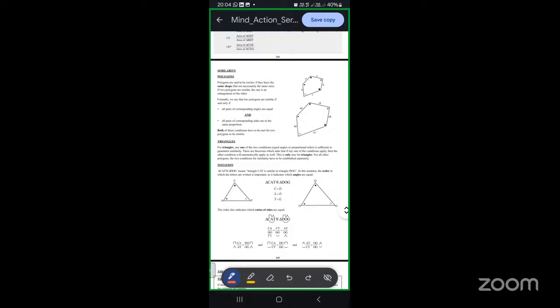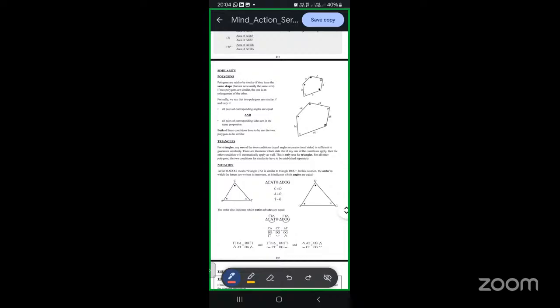Here they are saying polygons are said to be similar if they have the same shape, but not necessarily the same size. We noted that they might differ in size. If two polygons are similar, the one is an enlargement of the other. So if polygon A is of size K, then polygon B is of size 2K, two times larger than the other one.